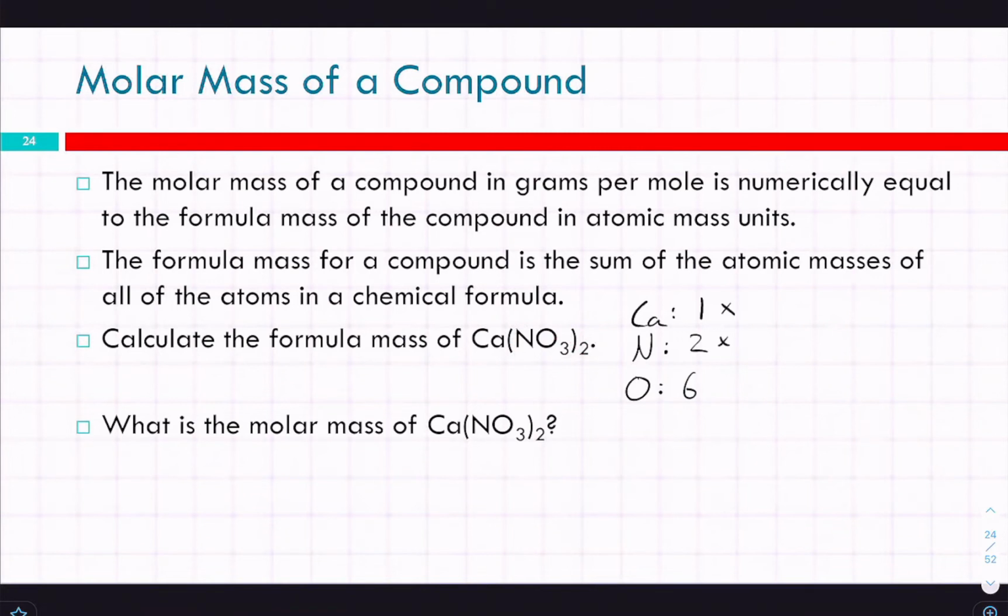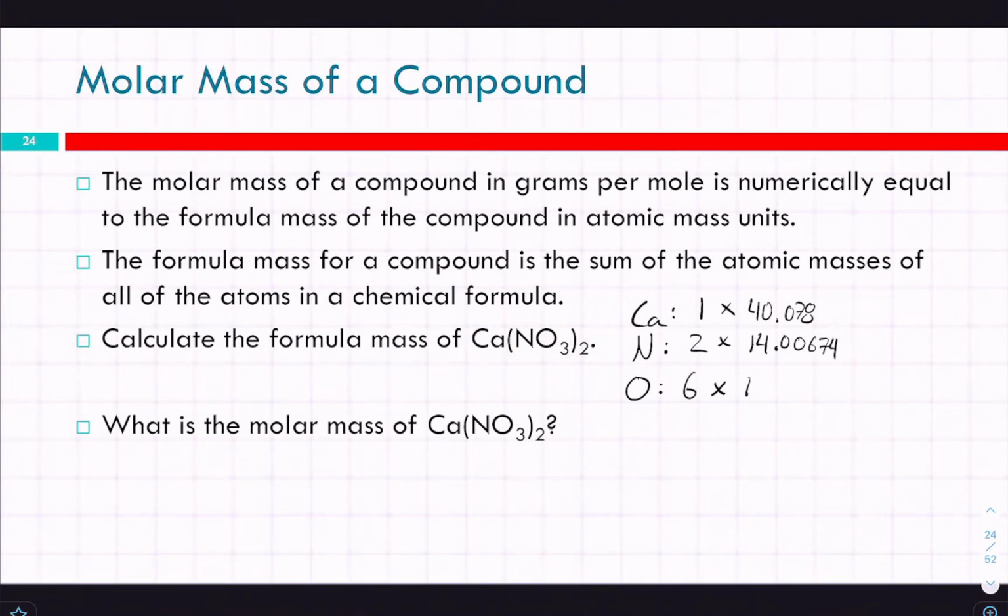And then we multiply the number of each type of atom by its molar mass from the periodic table. So for calcium, it's 40.078. For nitrogen, it's 14.00674.